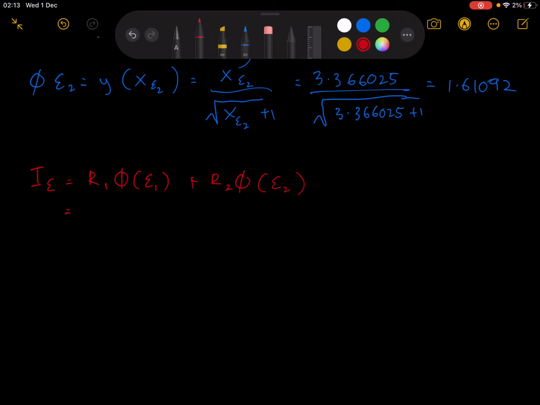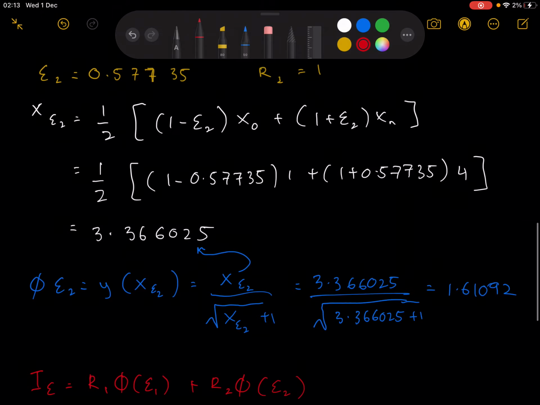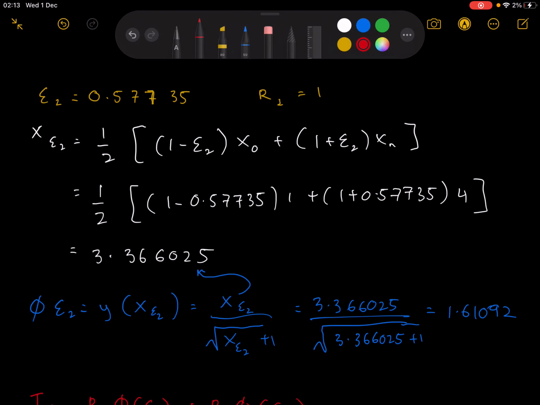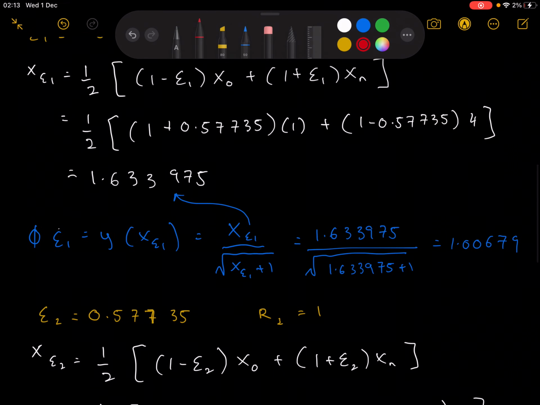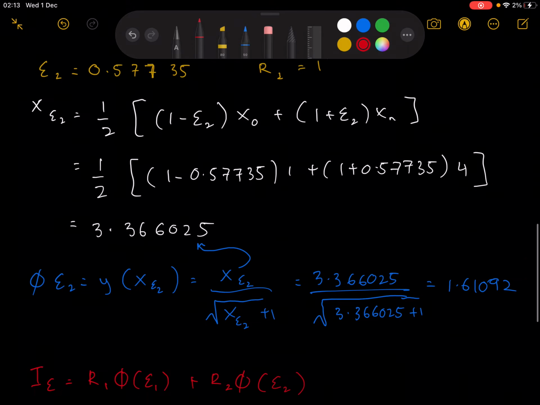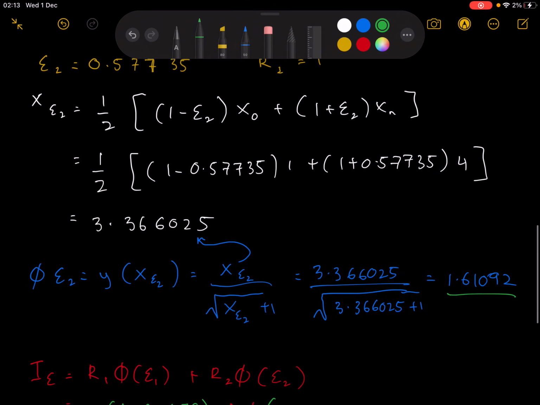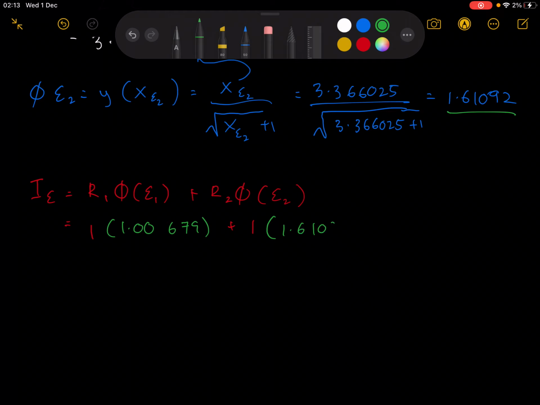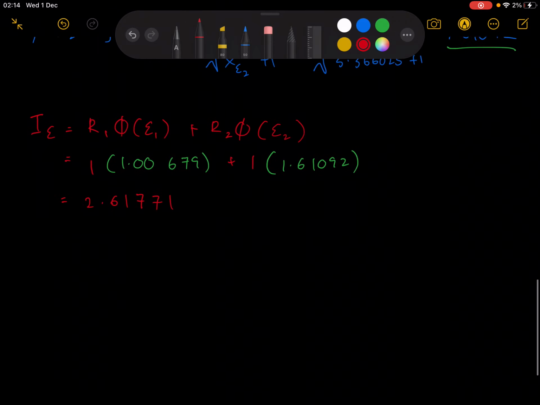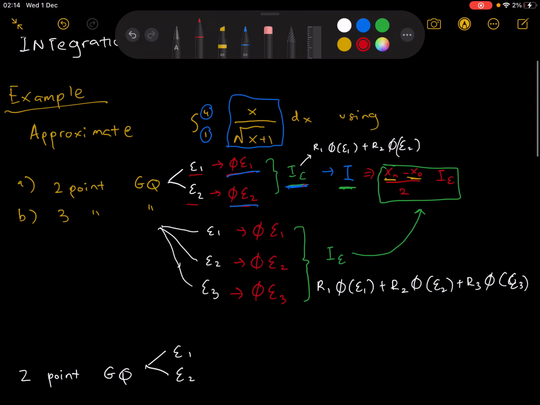So, R1 is 1, phi zeta 1 is this value, 1.00679, plus R2 is again same 1 multiplied by phi zeta 2, which is this value 1.61092, and by using our calculator we'll get 2.61771.